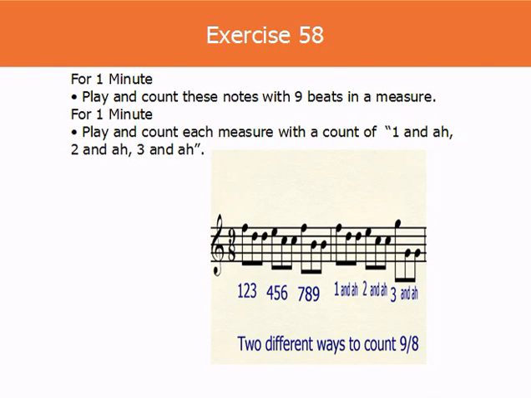Okay, now we'll use the 1 and a 2 and a. 1 and a 2 and a 3 and a 1 and a 2 and a 3 and a. Try that a few times yourself and see how it works for you.